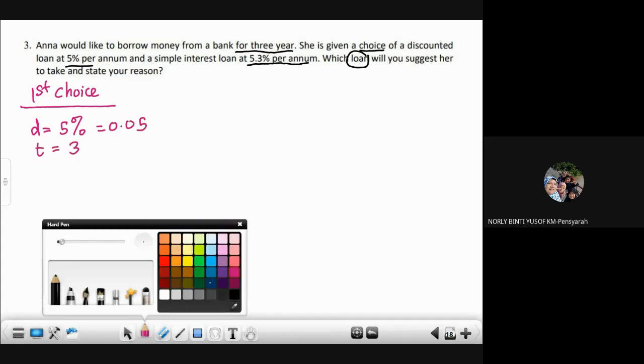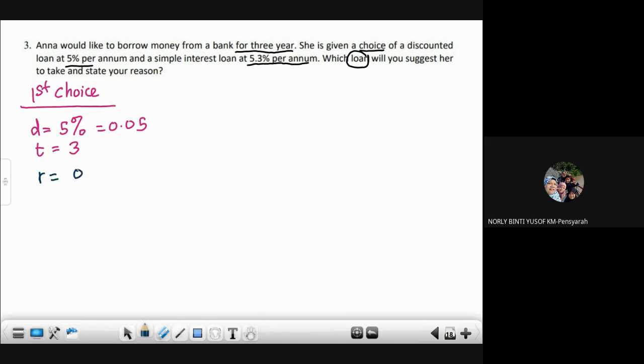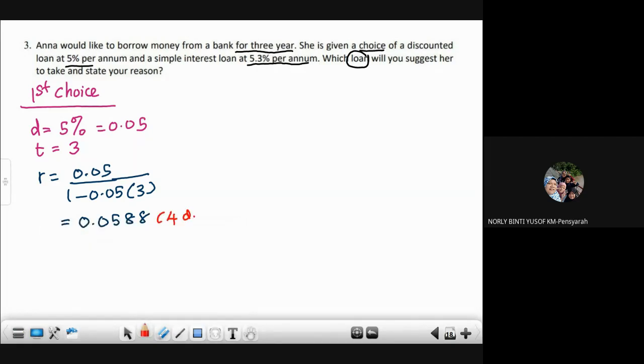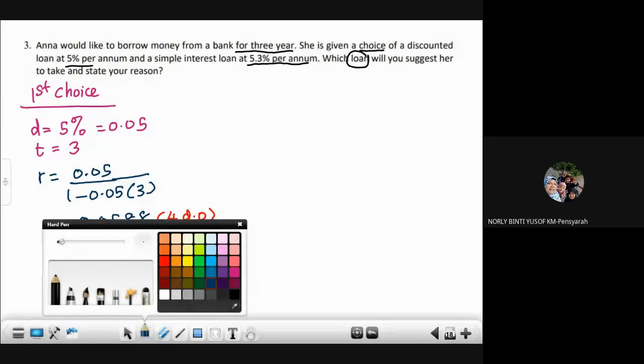So you pun carilah you punya R, 0.05 / (1 minus 0.05 times 3). So you akan dapat 0.0588, okay, in 4 decimal places. And then you punya R akan dapat 5.88% in 2 decimal places.